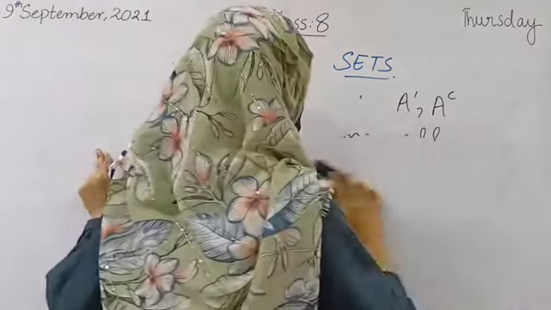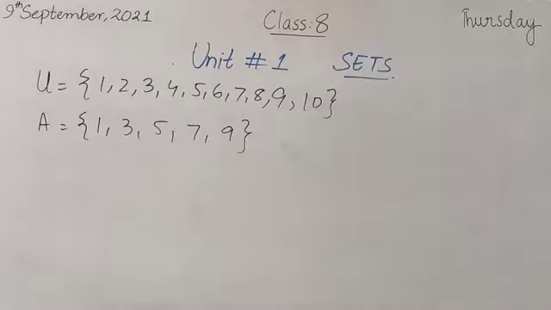See some examples. For example, if I have set U: 1, 2, 3, 4, 5, 6, 7, 8, 9 and 10. Set A contains 1, 3, 5, 7 and 9. And we want to find out the complement of set A. So, how will I find out the complement?